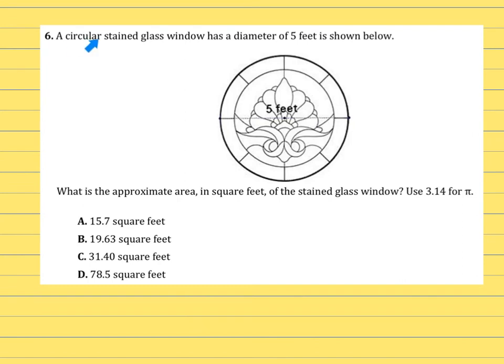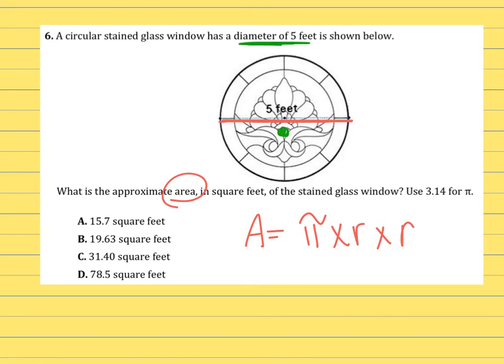Number 6, a circular stained glass window has a diameter of 5 feet. Here's the window, and it's showing you all the way across is 5. What is the approximate area of the window? Formula for area is pi r squared, or pi times r times r. Well, this just got through telling me that the diameter was 5. I only need the radius. Radius would be half of that, which is 2.5.